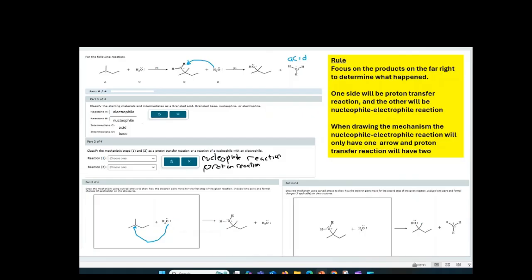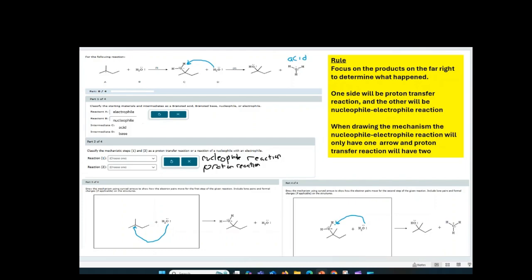So that's that. And then at the end, the proton transfer side, as I said, is usually going to involve two steps, which is going to be the base and your acid. You're going to start at your base and draw a mechanism where it takes one of those hydrogens away from the acid.